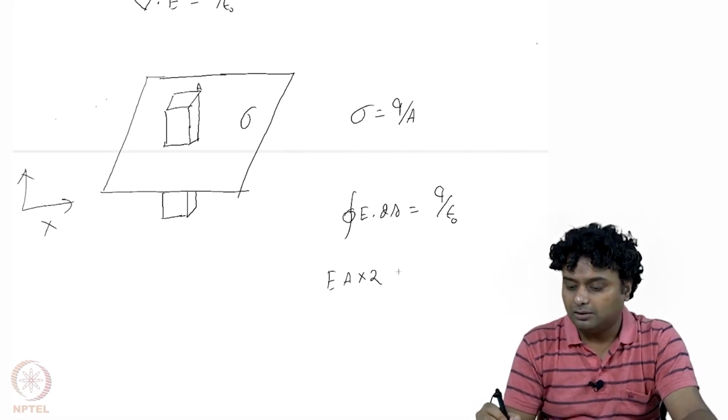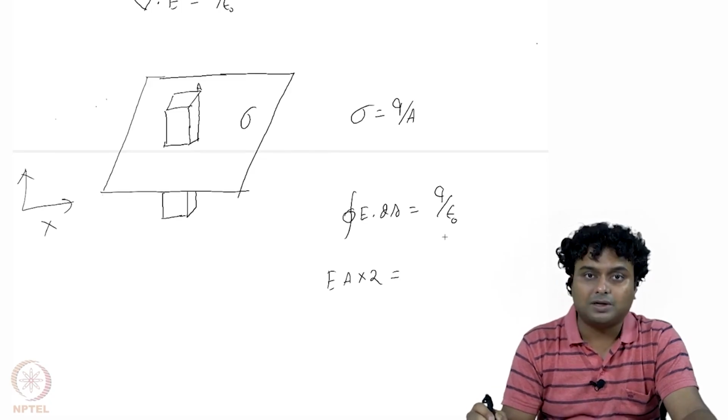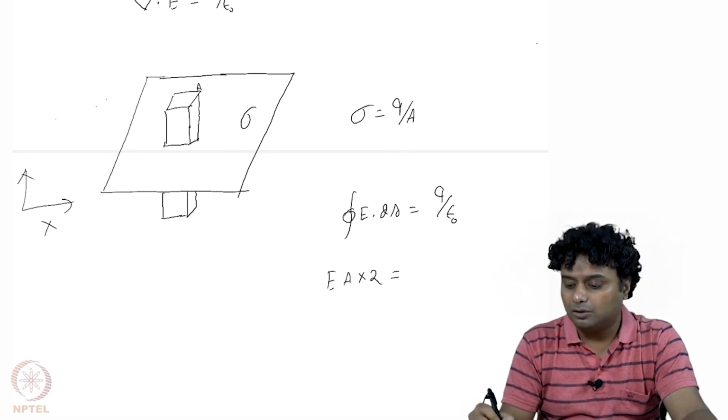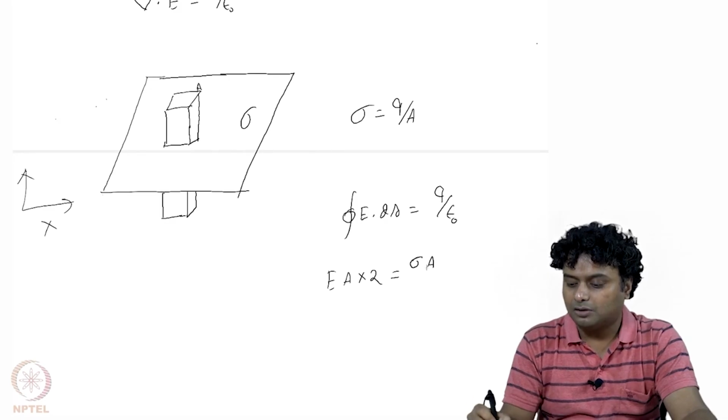So we get E into A into 2 is equal to q by epsilon naught. Now what is q? Q is the charge enclosed by this pillbox, and this pillbox has an area of A. So q is equal to sigma into A, because sigma is my charge density, so into area is my total charge, divided by epsilon naught.